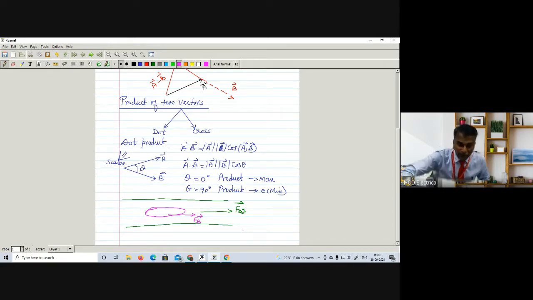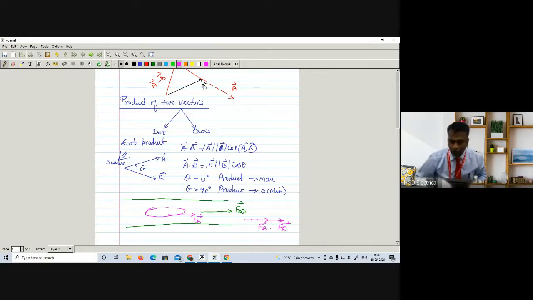For example, this is the FW vector, the force due to the water, and this is also another one, the force due to the boat. The dot product of these two will provide the maximum value of the effort available to move the boat forward. In this case, the dot product will be very helpful.